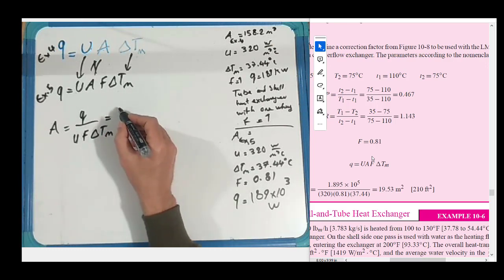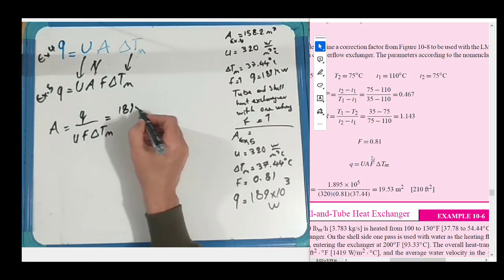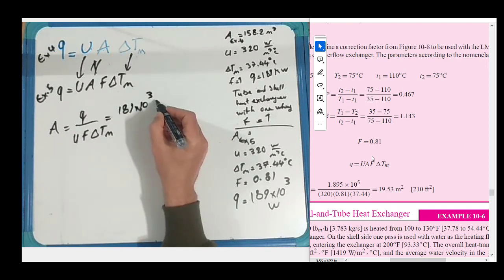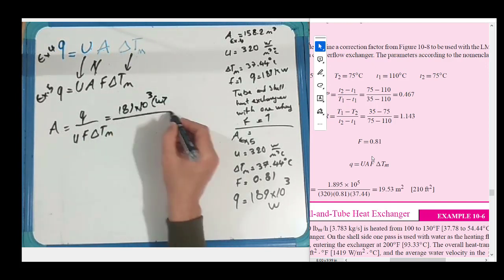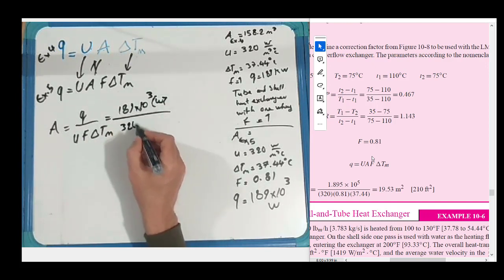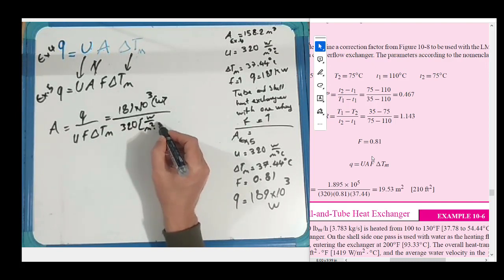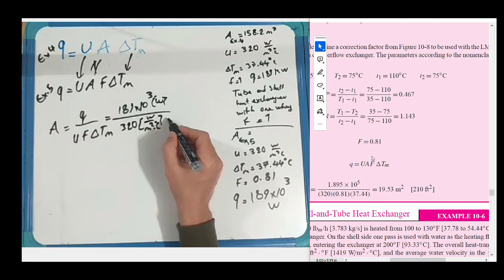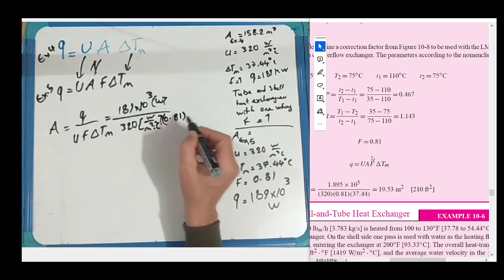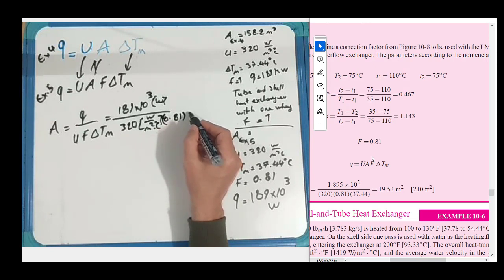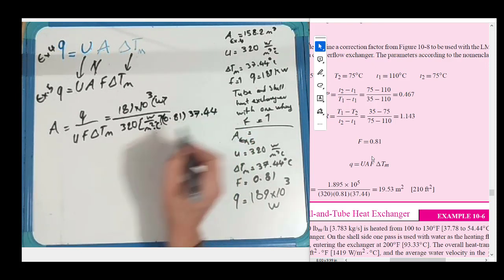Okay, Q is 189 multiplied by 1000 watts divided by 320 watts per meter square degree Celsius. F is 0.81 and delta Tm is 37.44.